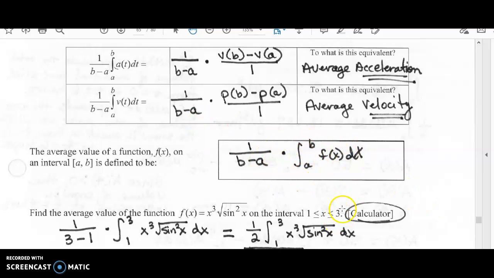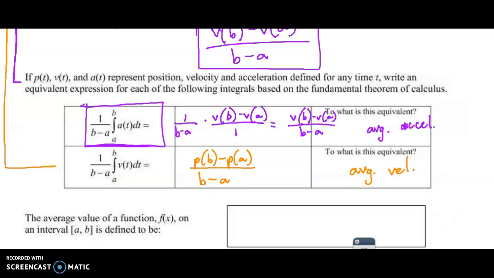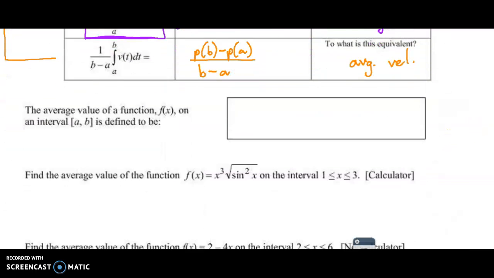All right. So let's talk about the very first example. Let me write down that formula: 1 over B minus A times the integral from A to B of f of x dx. I know there's going to be more in the notes there.